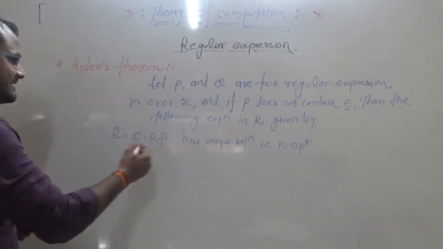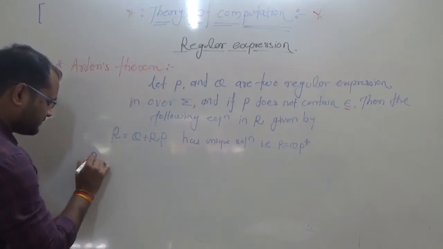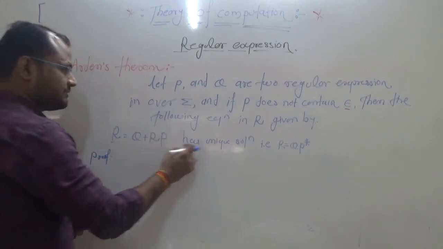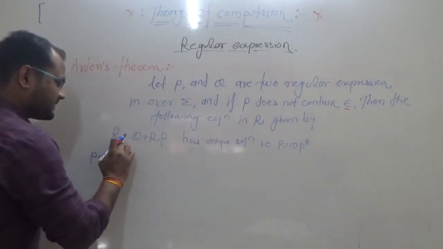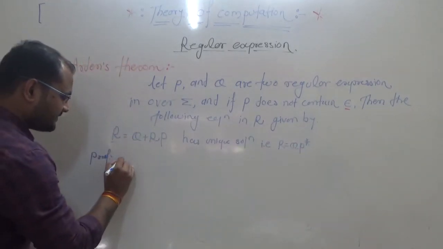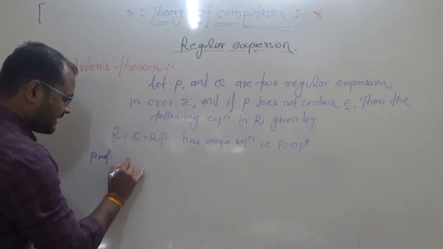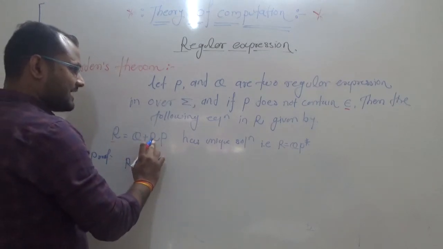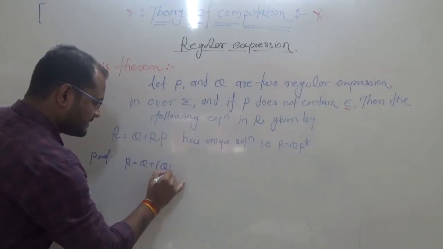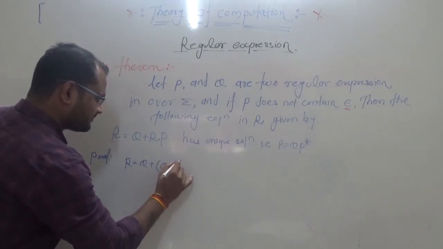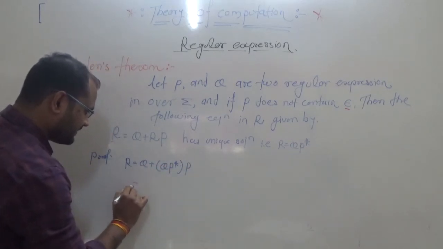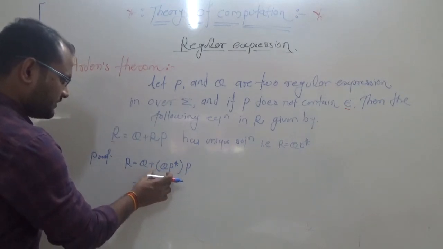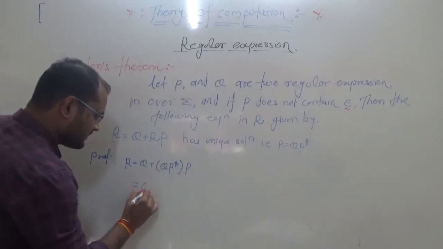Let's go to the proof. We have to put QP* into the given equation: R = Q + QP*P. Now we take Q common.